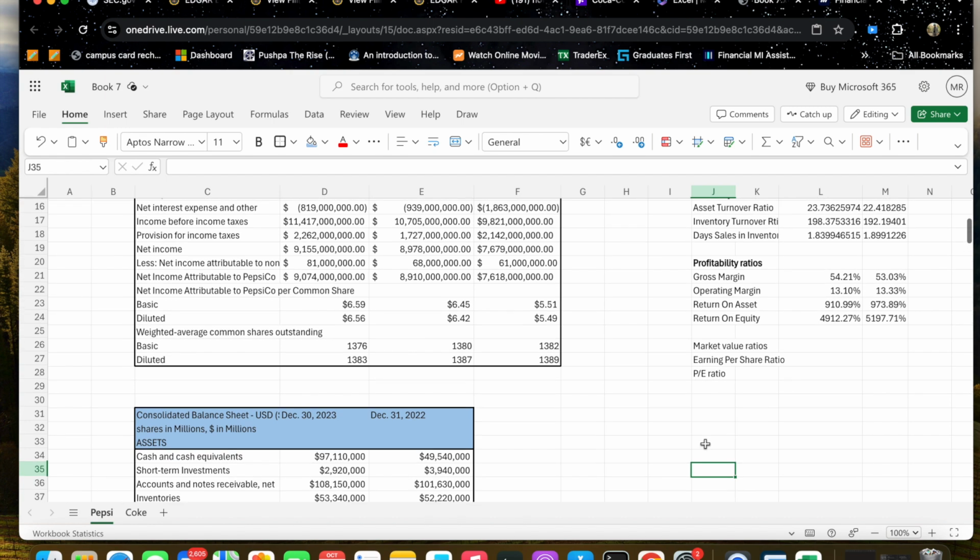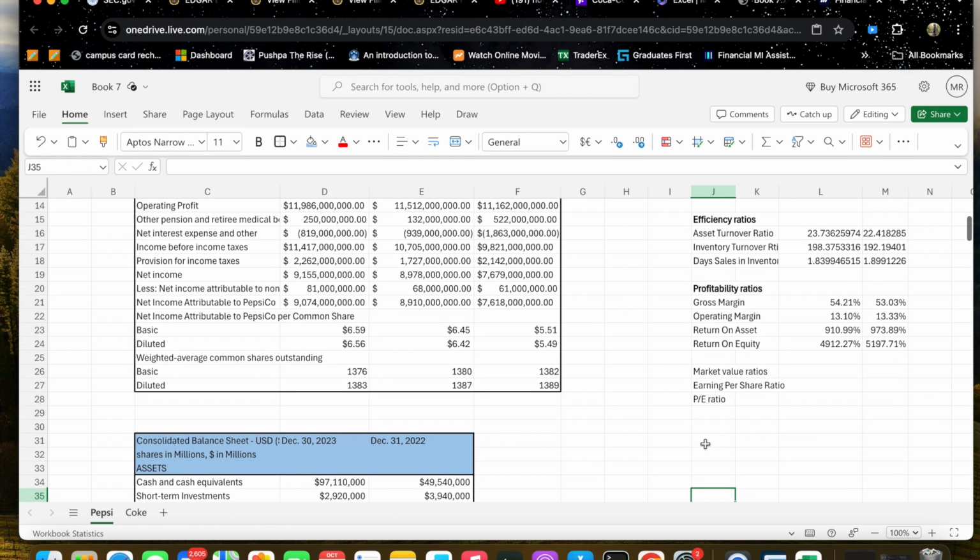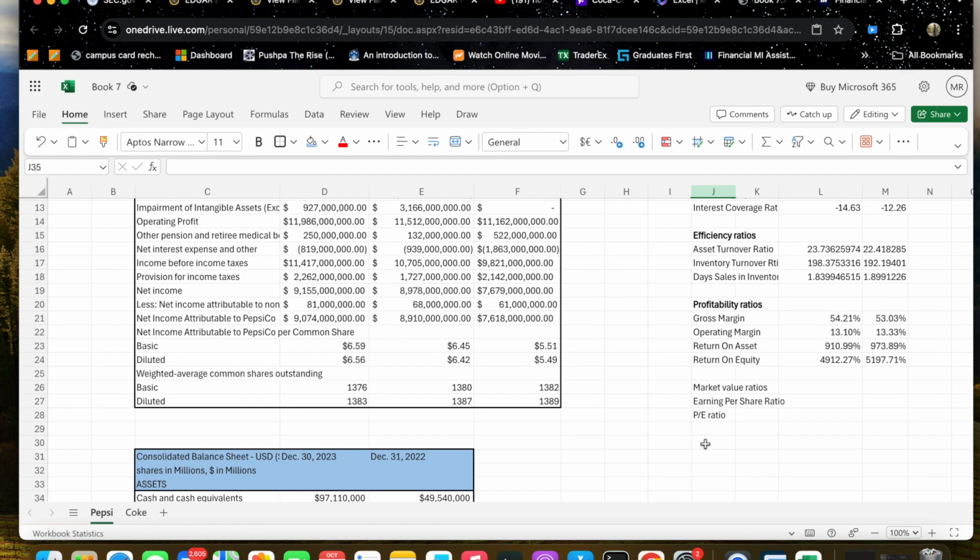So now the market value ratios. Earnings per share is already given on the income statement.